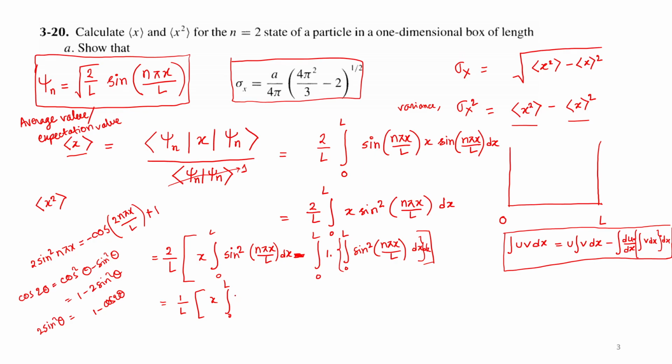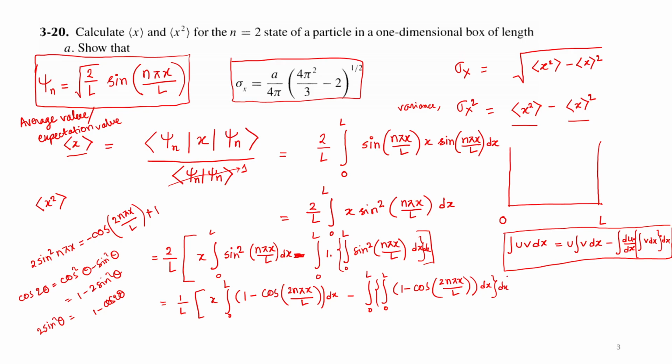So what we'll get here, I will quickly write 1 minus cos 2 n pi x by L dx, minus 0 to L. I still have one more integration, right? 0 to L, that is again 1 minus cos 2 n pi x by L dx.